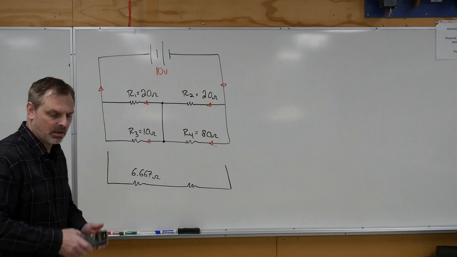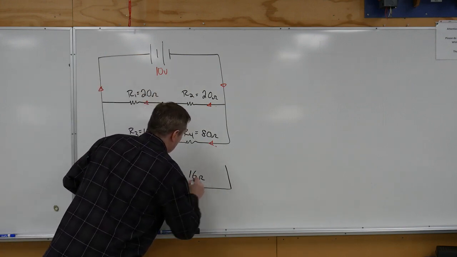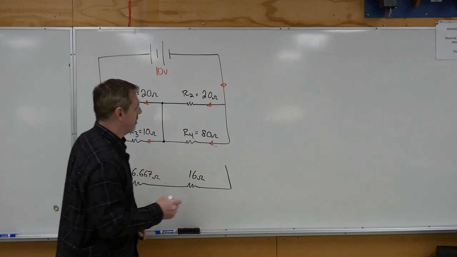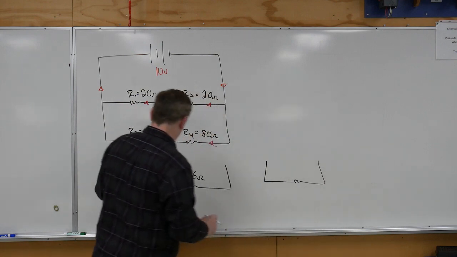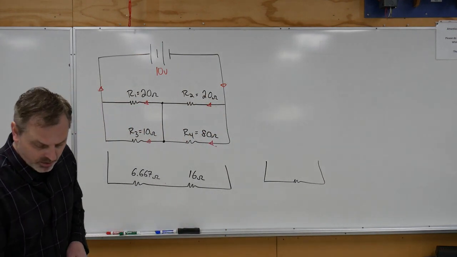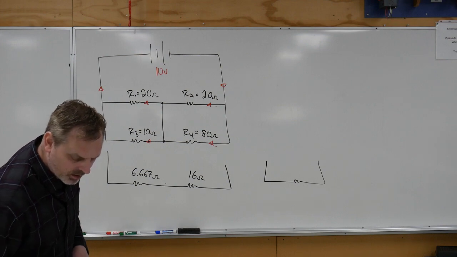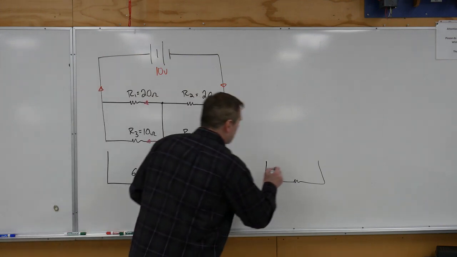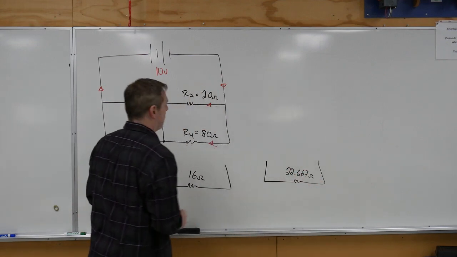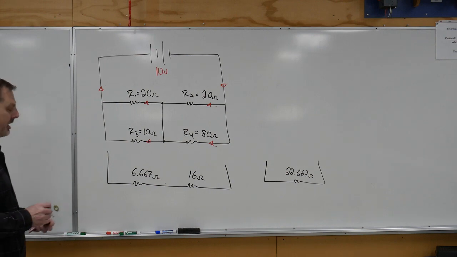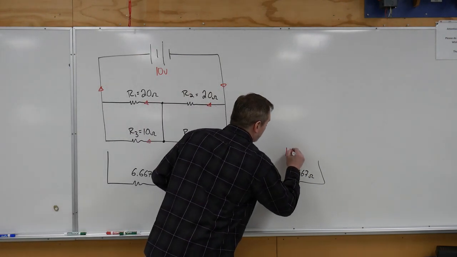That gives me 16. So that would then in turn give me an R total of, what is that going to be? We can add the 16 plus 6.667, giving us 22.667. So now we can take that resistance and divide it into our 10 volts.